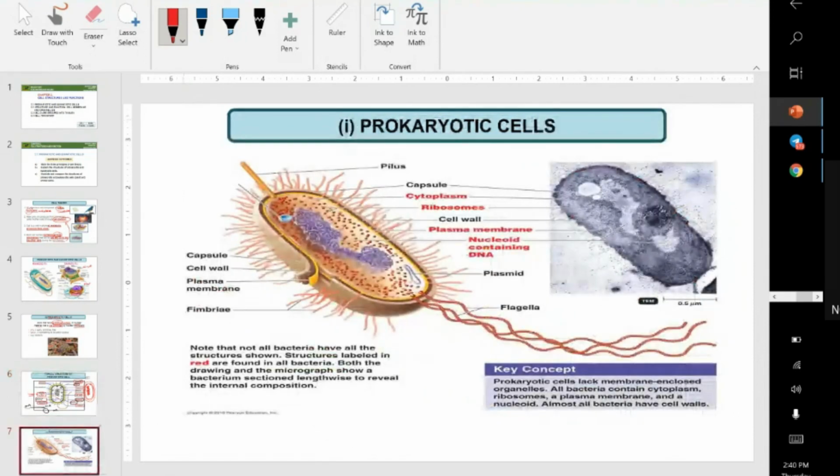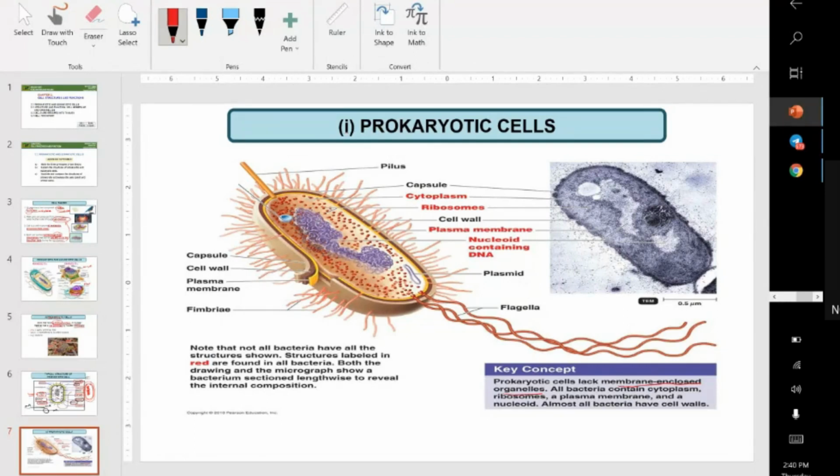Those are very distinctive features between prokaryote and eukaryote. The key concept is that prokaryotic cells lack membrane-enclosed organelles. We also use the term membrane-bound organelles. Ribosome is an organelle but it does not have a membrane.